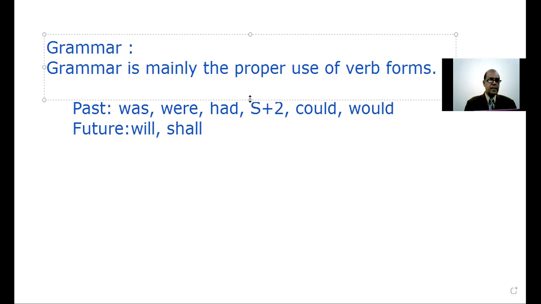Meant relates to past, and will is a sign of future. So it's difficult to derive the meaning out of it. In this case, I will say that the sentence is a wrong sentence.